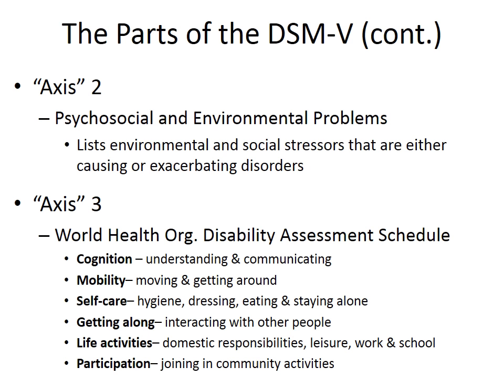So the second category that we look at is listed as psychosocial and environmental problems, which looks at the environment, the social world that a person's encountering, maybe past traumas, things that can be causing or really exacerbating, making the mental situation that somebody's struggling with significantly worse.